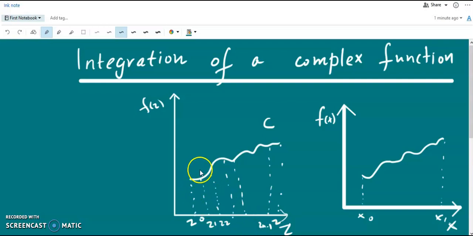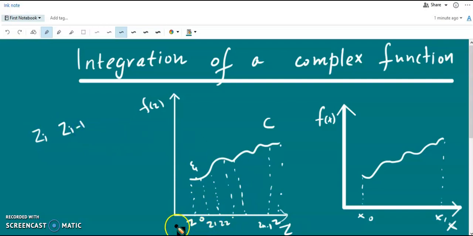Then the integral is equal to the continuous summation. So these are all rectangles. Suppose zeta i is a point defined on the curve between z i and z i minus 1.